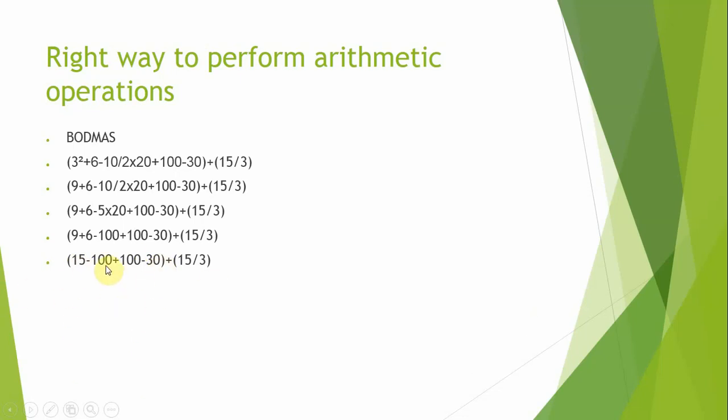When we reduce an expression to positive and negative terms, the rule is we add all the positive terms and add all the negative terms and subtract the negative terms from the positive terms. The positive terms here are 15 and 100. The negative terms are 100 and 30. So as per the rule, we add 15 to the 100, which gives us 115.